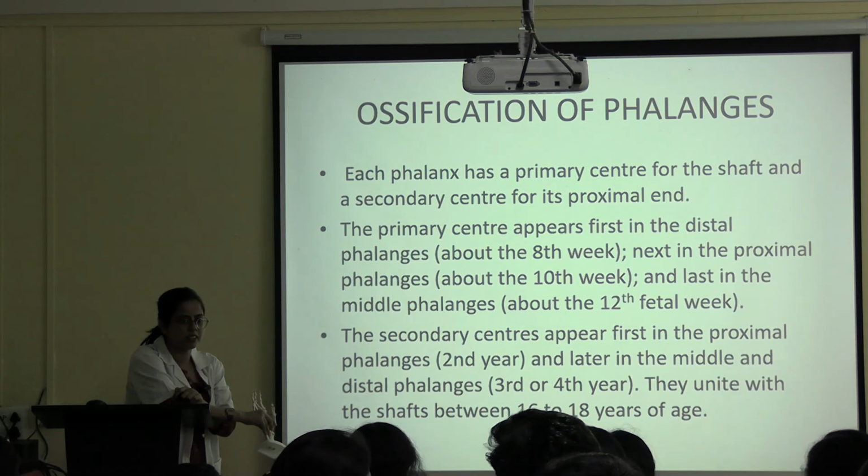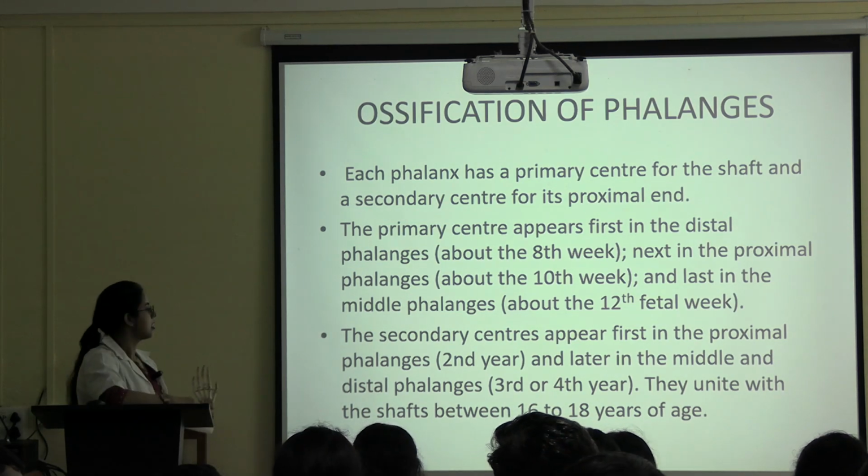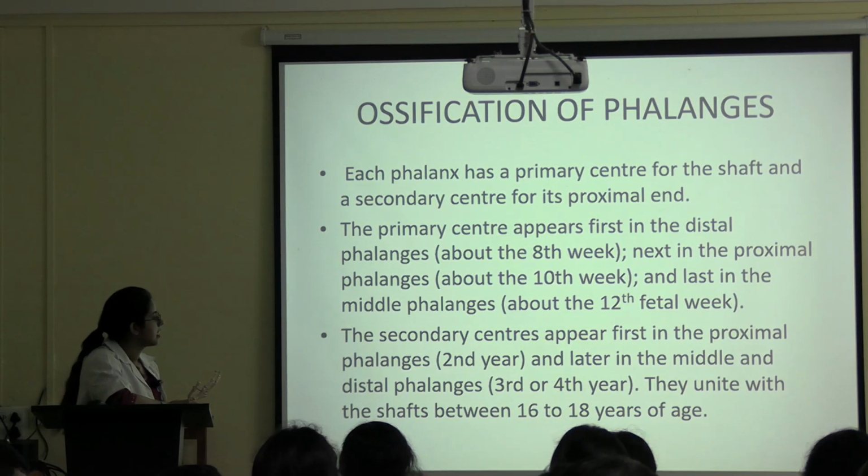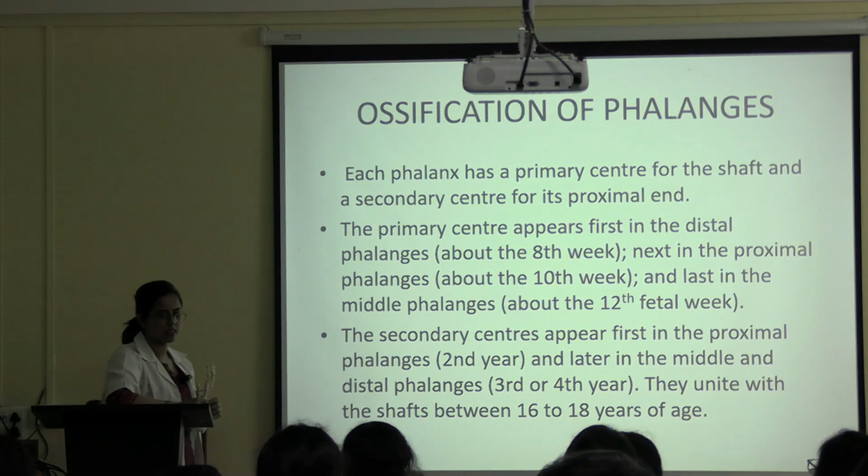Clear? Now the secondary center will first appear in the proximal phalanx, then later in the middle and distal phalanges.